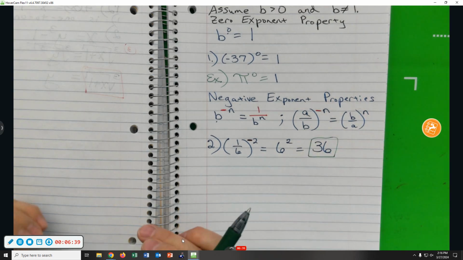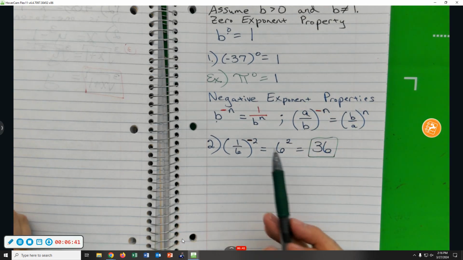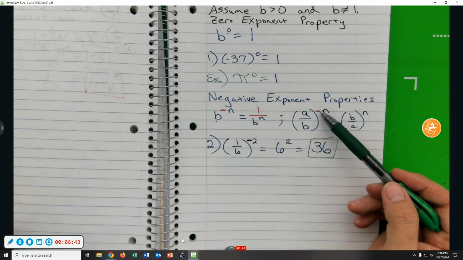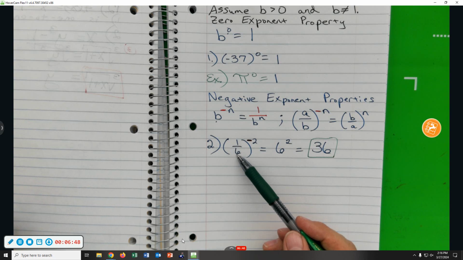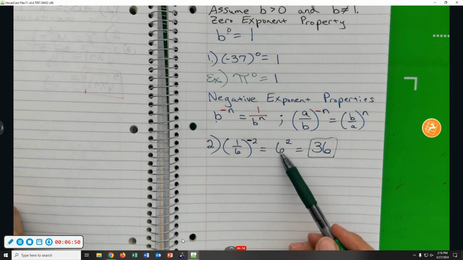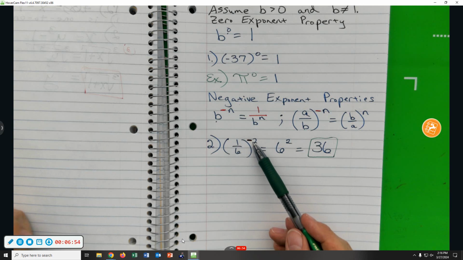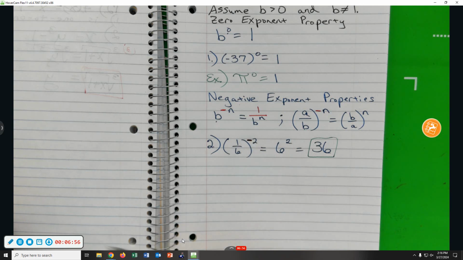Any questions there with our logic? If you have a fraction to a negative exponent, you take the reciprocal of the base. When you flip 1 over 6, you get 6 over 1, which is just 6. Then you change the negative exponent to a positive exponent.